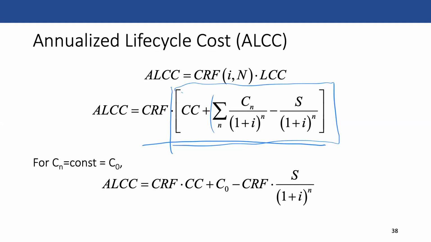That's this part here, plus your salvage costs at the end here. Except now you can annualize it with your CRF formula. And so you multiply your CRF against the total costs, your total present value of everything together, right?